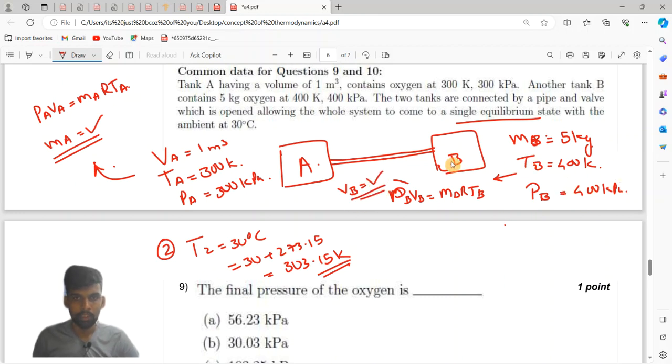So everything about state 1 is known to us, because we have oxygen. And one more thing, the R for oxygen is nothing but universal gas constant divided by molecular mass of the oxygen. You need to remember this, because they haven't given the R value, and also they haven't mentioned the molecular mass of oxygen. So you need to remember molecular masses for some gases like oxygen, CO2, nitrogen, so that you won't be in any trouble at the time of exam.